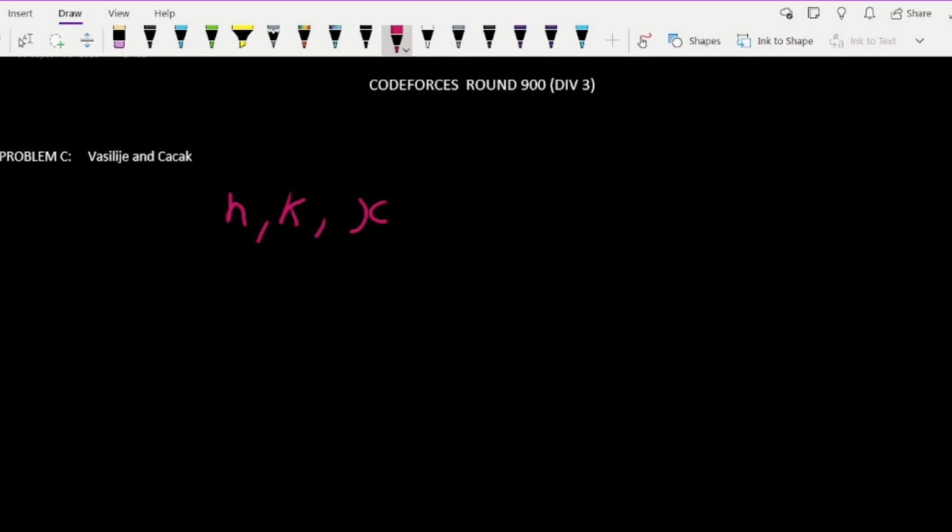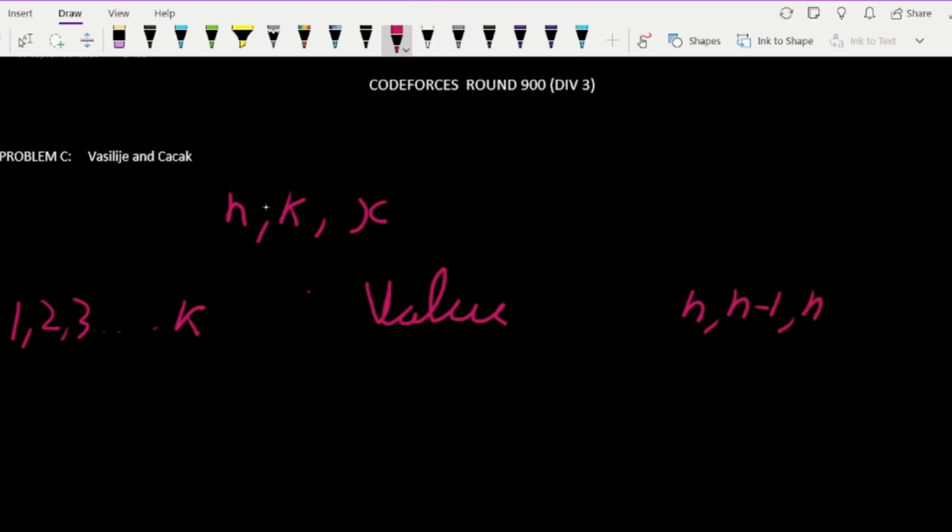Since we have to generate k positive integers, I will show you the minimum possible value we can generate. The value will be minimum if we take 1, 2, 3 up to k, and the value will be maximum if we choose n, n minus 1, n minus 2 up to n minus k plus 1.